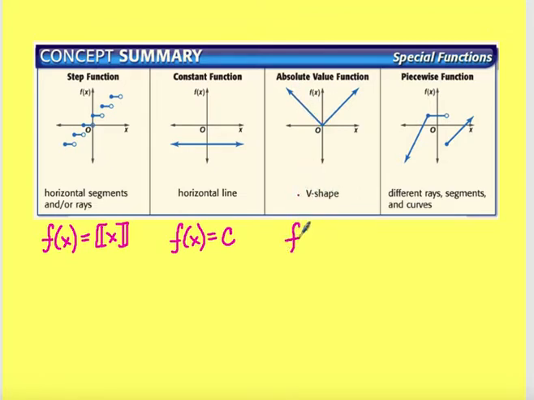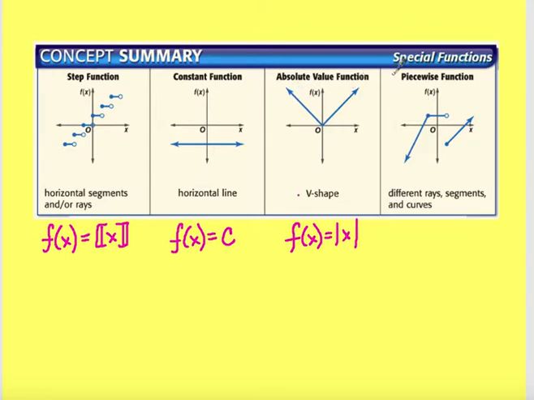It comes from taking the absolute value of, maybe, x minus 4, or 3 times the absolute value of x plus 2. You get a sharp V shape when you see an absolute value function.